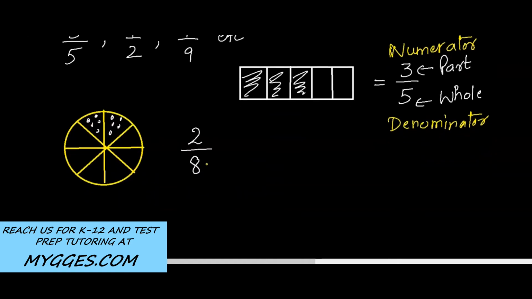Same way, if we top 4 of the slices with tomatoes, then the fraction for the tomatoes topping would be 4 out of 8, because we have topped 4 of the slices with tomatoes and the total parts are 8. So this is how we make fractions.